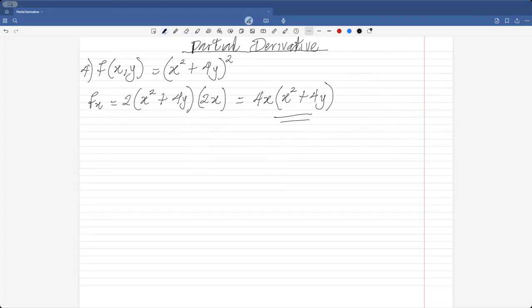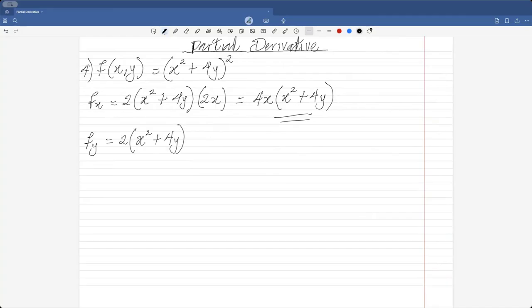Now for this same problem, let us differentiate with respect to y and see our final answer. If we differentiate with respect to y, the derivative of the outside function is still 2 open parenthesis x squared plus 4y close parenthesis.